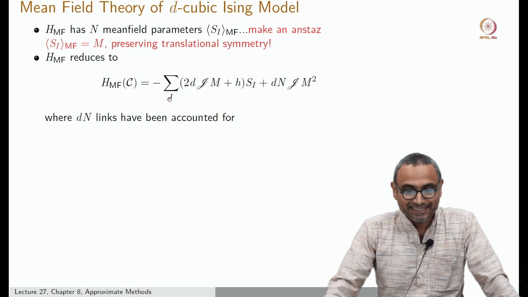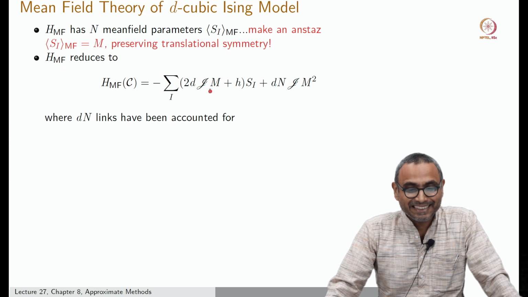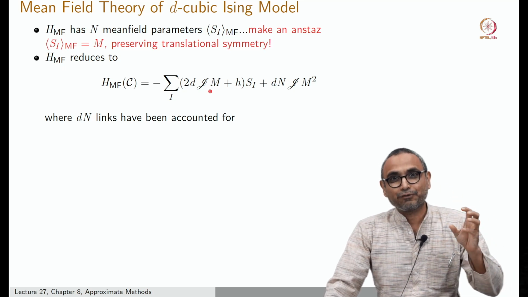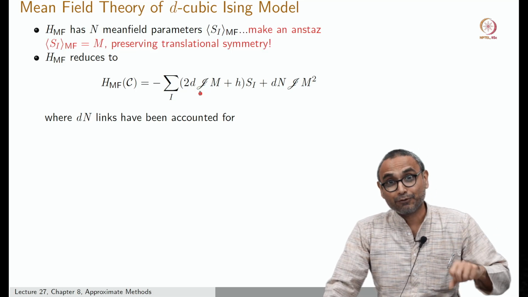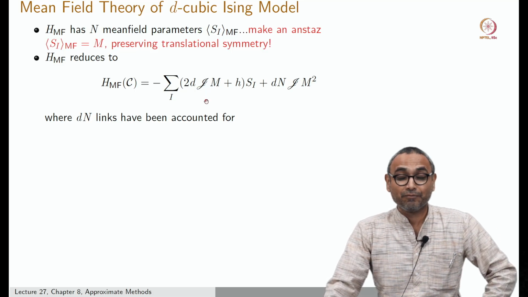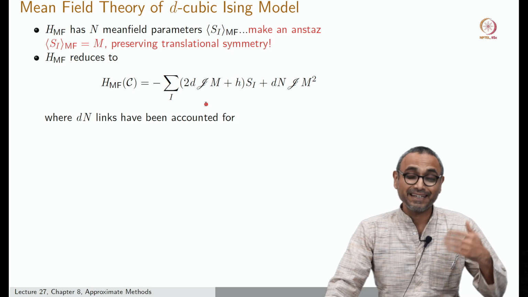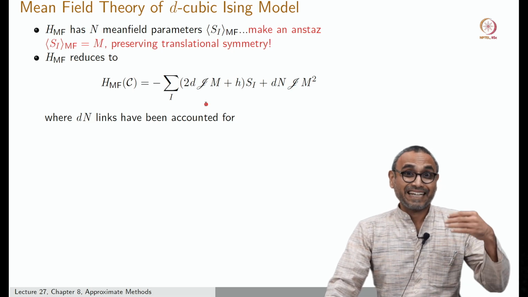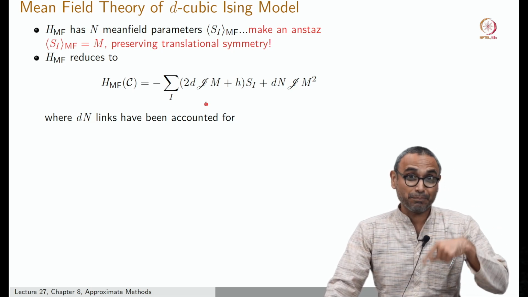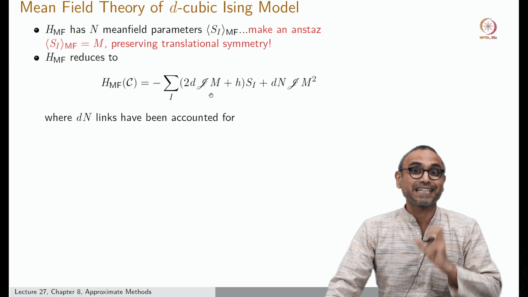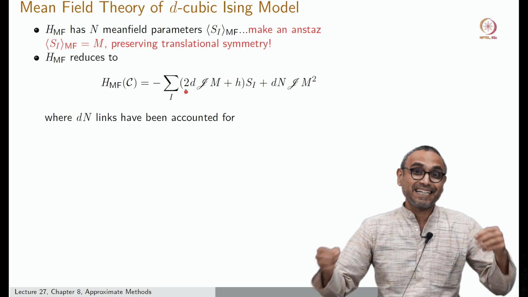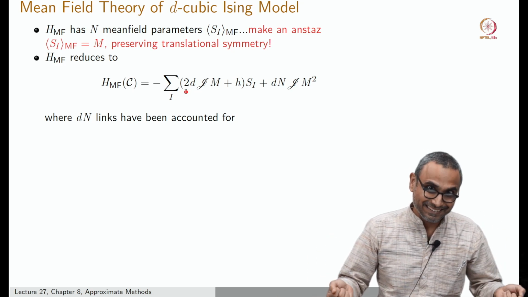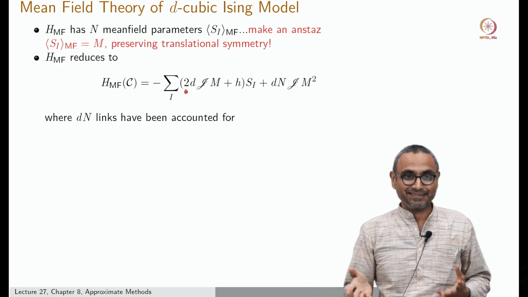Since the expectation value of Si is independent of i, the effective molecular field will be the exchange coupling times the number of nearest neighbors times the expectation value of S. But the number of nearest neighbors in a d-dimensional cubic lattice is 2 times d.